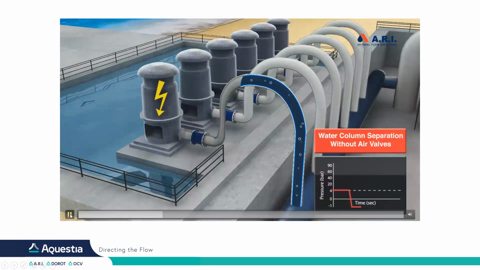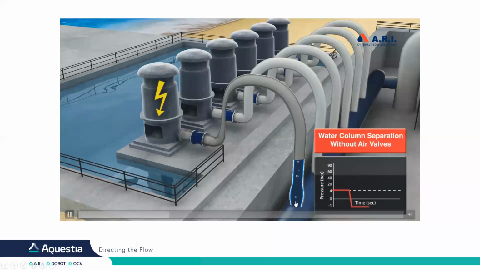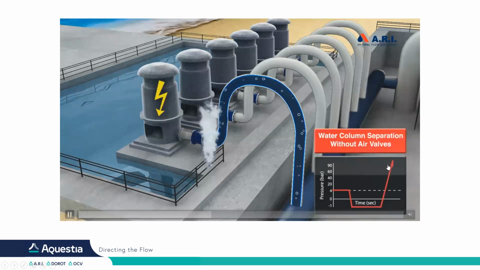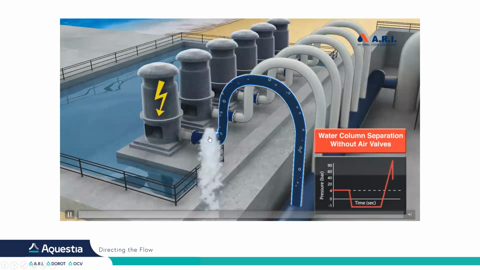What happens? You see, we have the water column separation. Water moves forward. Okay, we can see the downsurge. The pressure goes below the vapor pressure. And the water column returns back. Okay, the pressure goes above the vapor pressure, high pressure spike, and bam, slams into the check valve. See high pressure, and you see the burst.